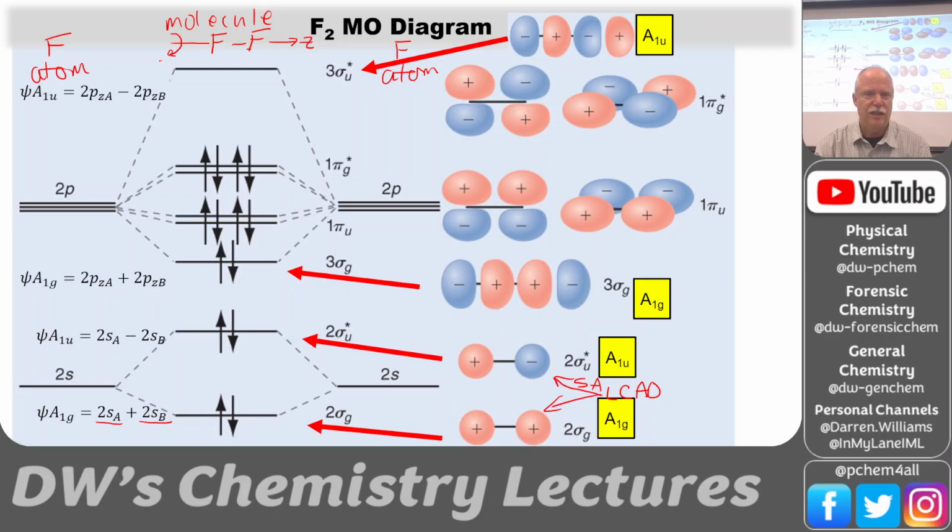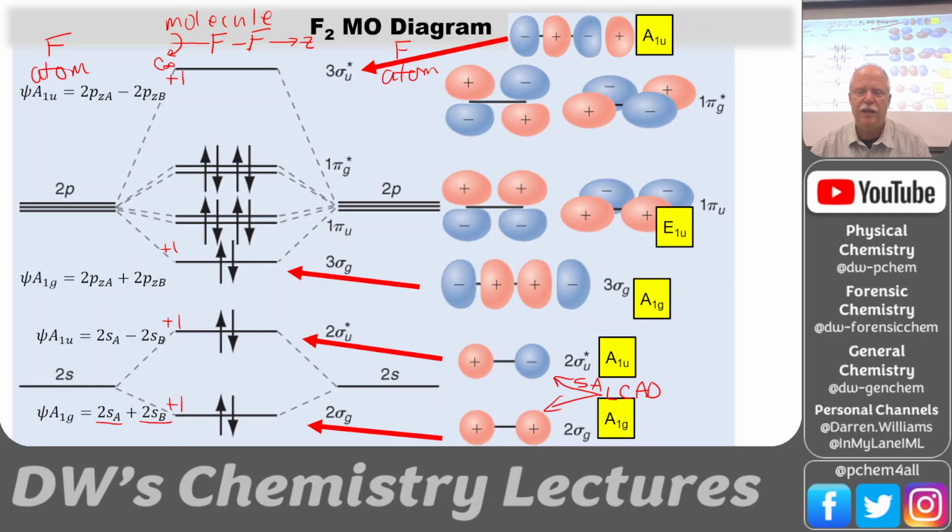So this rotation is C infinity. The characters for these are all +1. Can you see that? If we rotate those orbitals, then there's no change in the deflection of the wave functions, the pluses and the minuses.